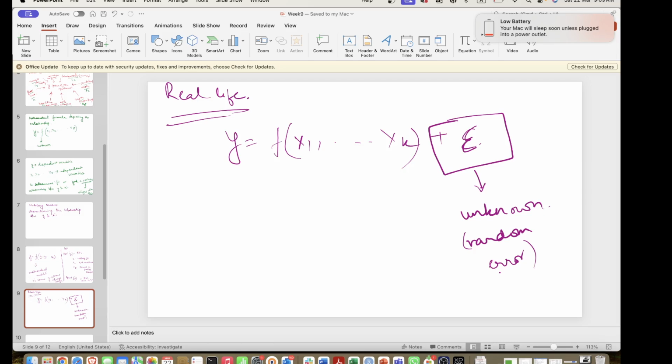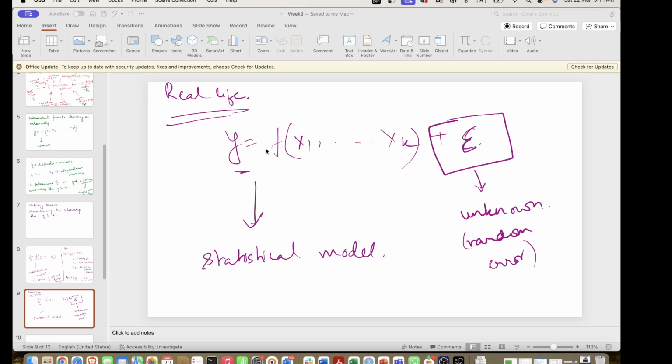So this sort of a model, where the variation in my variable of interest can be attributed to some unknown random quantity, is actually a statistical model.